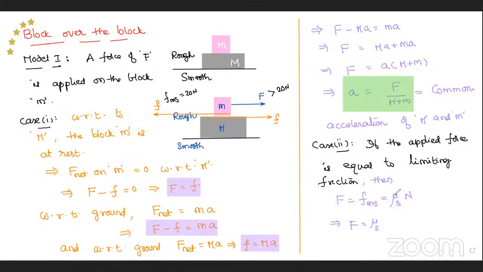Tell the normal reaction. Is it only small mg or only capital Mg or M plus M into G? Now I can understand to what extent you understood the concept. Okay. Is it your answer, Manikanta? Ishan, I did not expect this kind of answer from you.